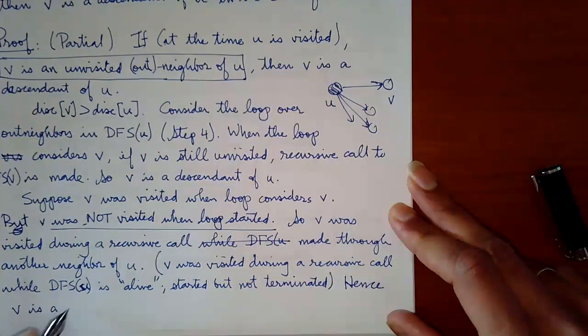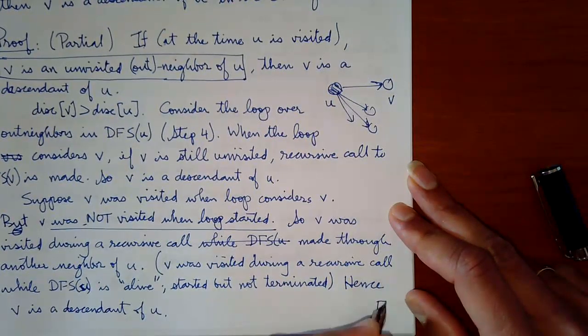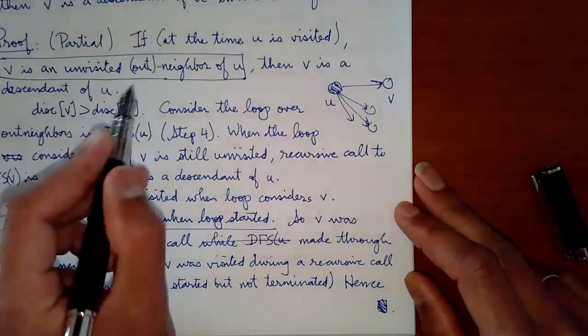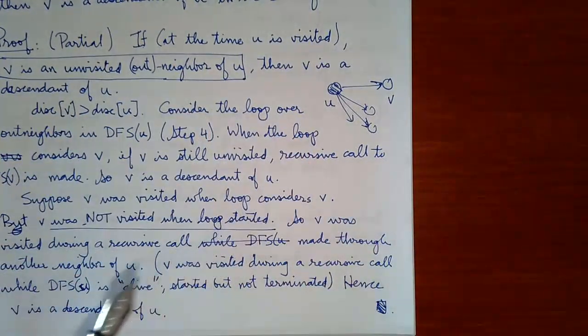V is a descendant of U. Right? So this is only saying when it's a visited out neighbor. But you need to argue this when there's actually an entire path.